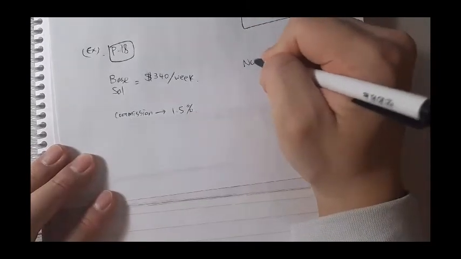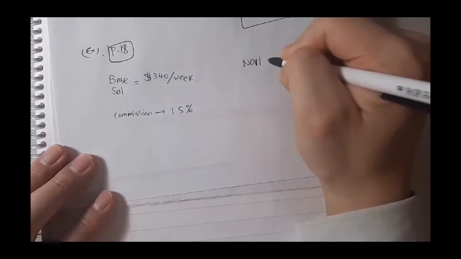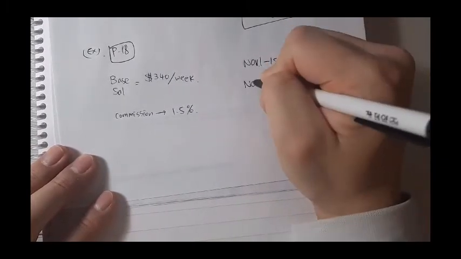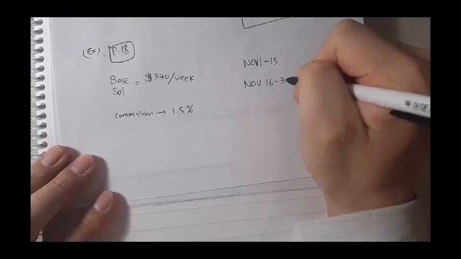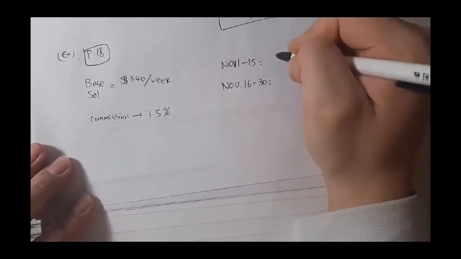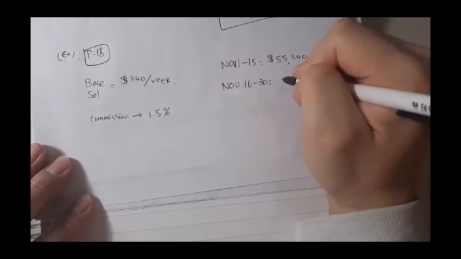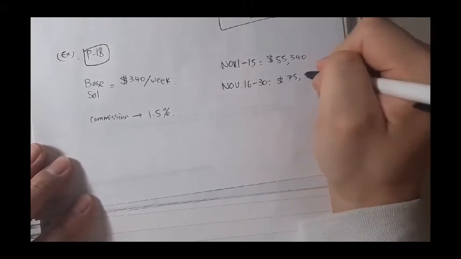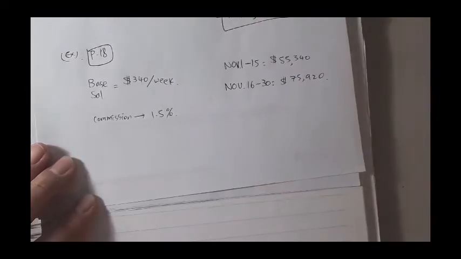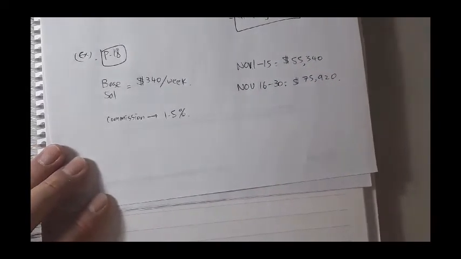These are her sales of November. It's bi-weekly, it seems, when I look at the question. First half and second half. And we are trying to find out her gross income.